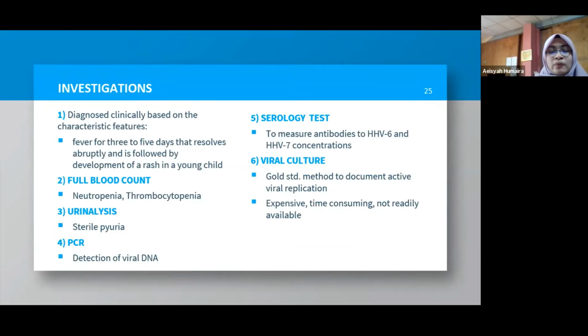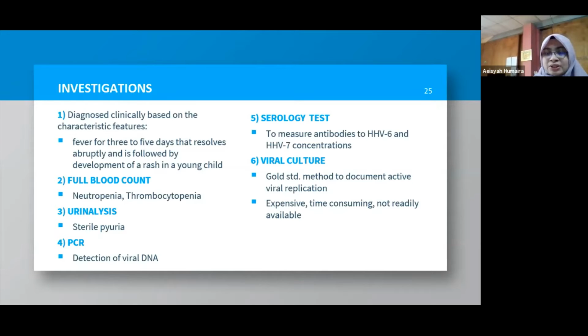To confirm the diagnosis, we need to demonstrate the replicating virus in the patient's blood, so we need to do PCR to detect the viral DNA. Other than that, we can also do serological tests to measure antibody against herpesvirus type 6 and herpesvirus type 7 concentration.